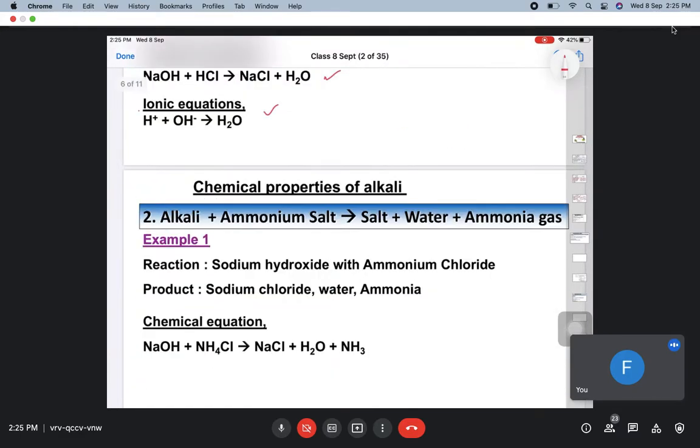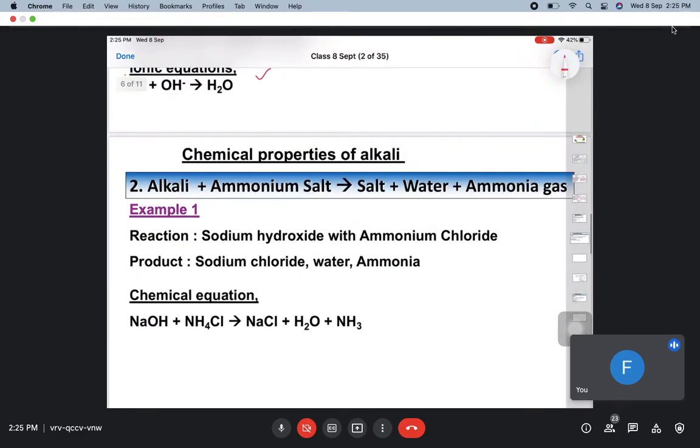So next one. The second chemical property of alkali is when they react with ammonium salt. Ammonium salt is everything that has ammonium ions inside. This is the ammonium ion. For example, if ammonium pairs with nitrate, the ammonium salt is ammonium nitrate.